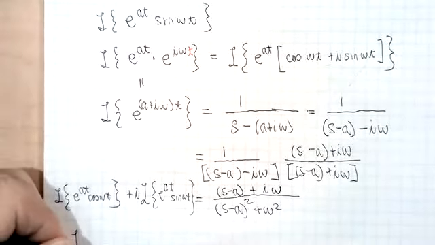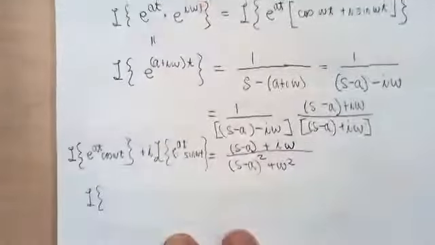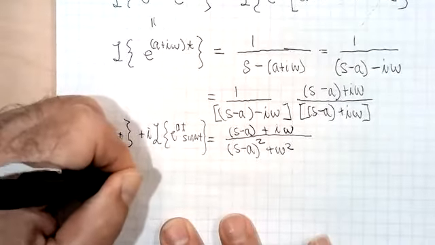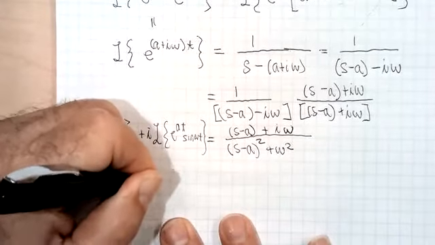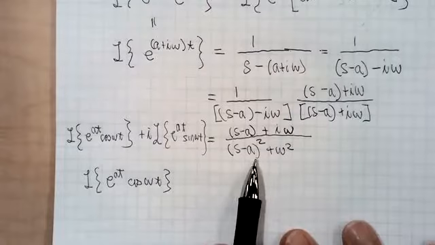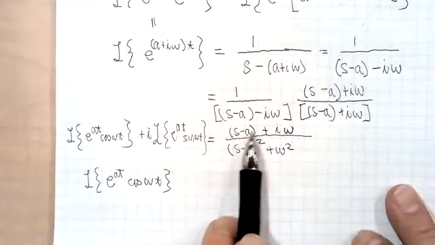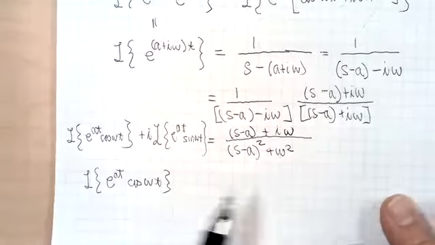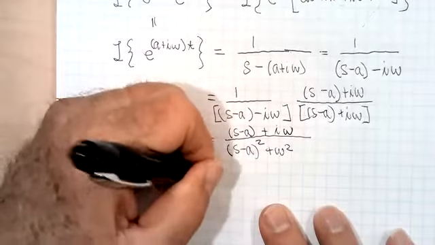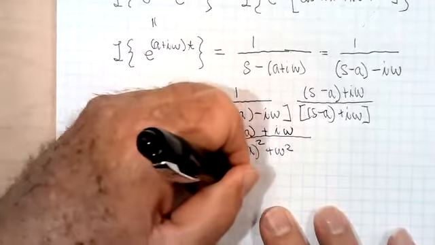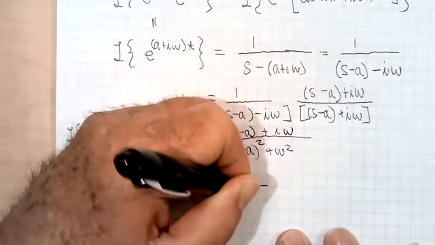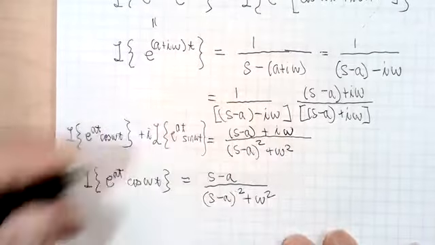So the transform of e to the at cosine omega t, well, you equate the real parts. So this is a real plus an imaginary over a real. So you get the real part, s minus a over s minus a squared plus omega squared.